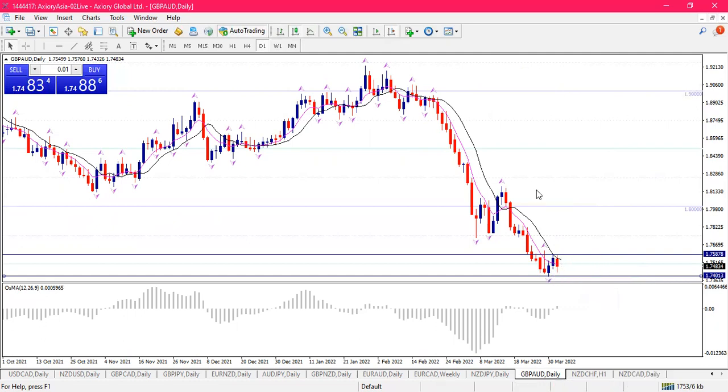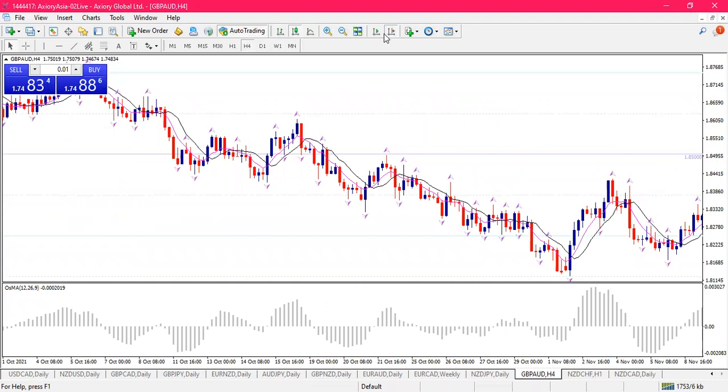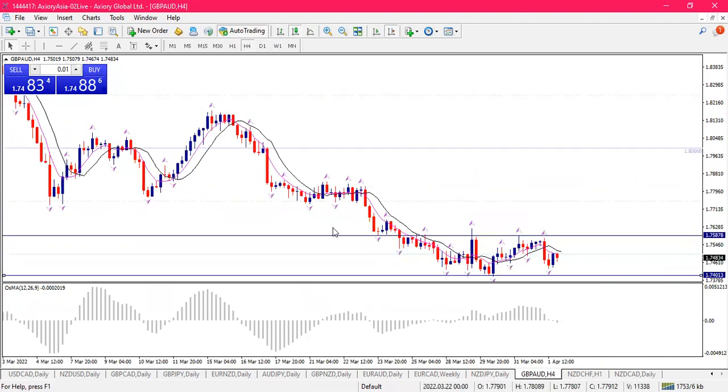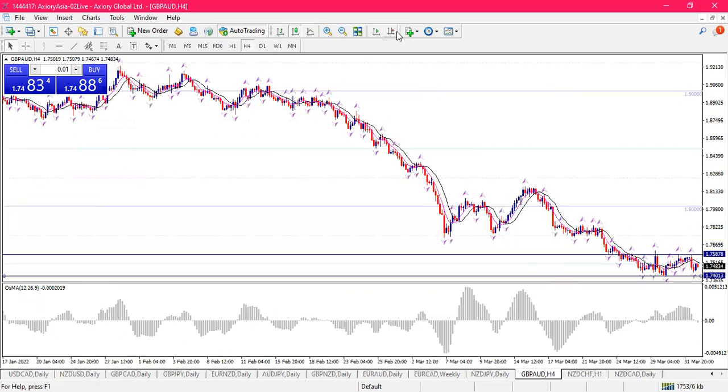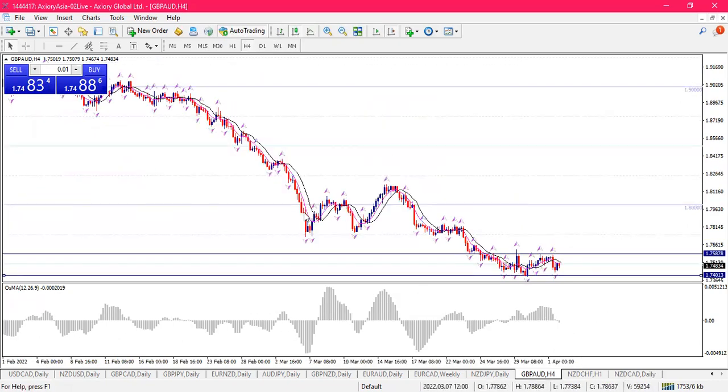So for me, I trade more on the daily candle, but I'm definitely going down to the 4 hours and 1 hour. Under the 4 hours here, we can see a lot of things. We can see that price came down, tried to come up, came down, and it's simply around a range.